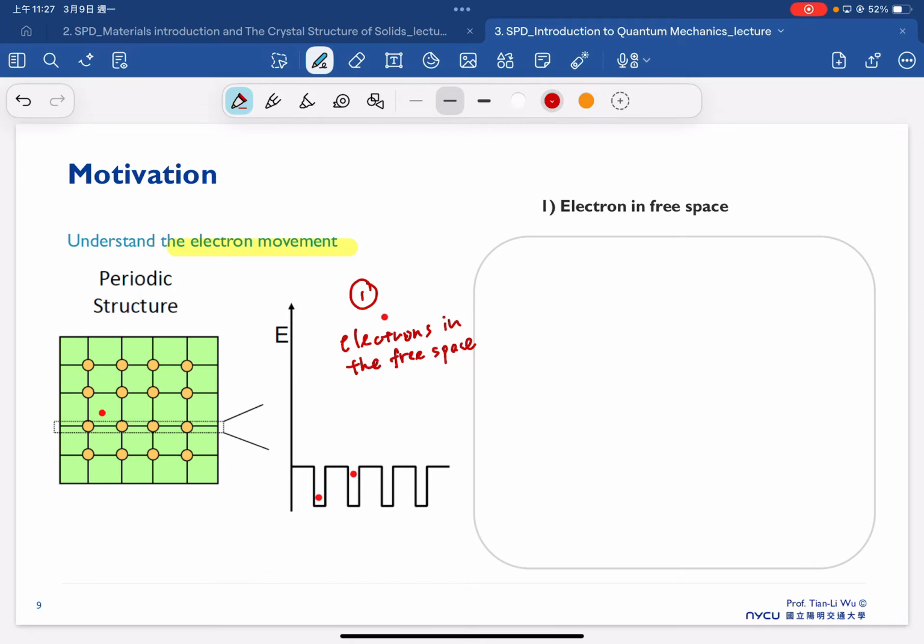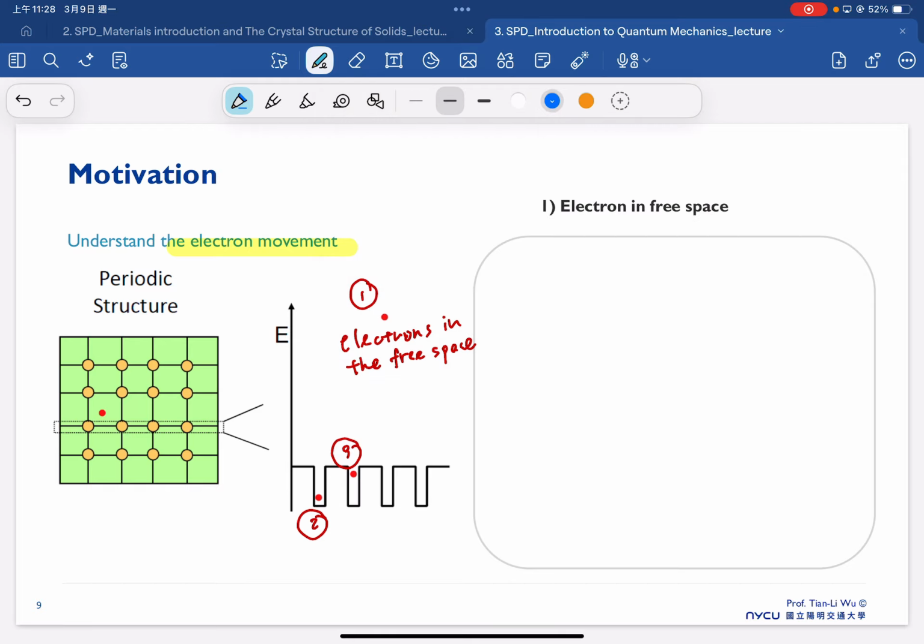The second can be electrons deep in the potential well, or electrons a little bit in the surface, not really deep, in the surface of the potential well here. So that can be considered the three cases that overall describe all the electrons' behavior inside this periodic potential. Therefore, the first question we need to address is electrons in the free space.